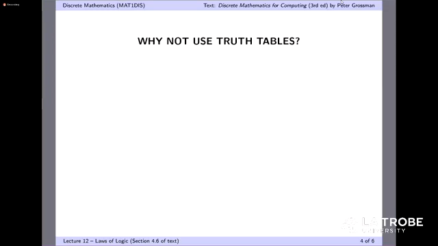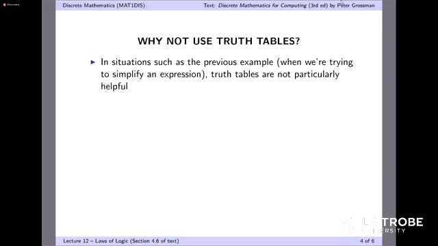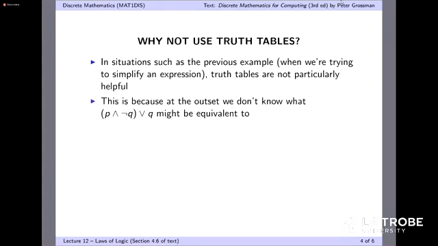Why not use truth tables? It can take too long. Yeah, exactly, it takes too long. Anything else? It's boring. Yeah, and the longer the way you do it, the more chances you have of making some kind of mistake. And also, from the outset, we don't know what it might be equivalent to.